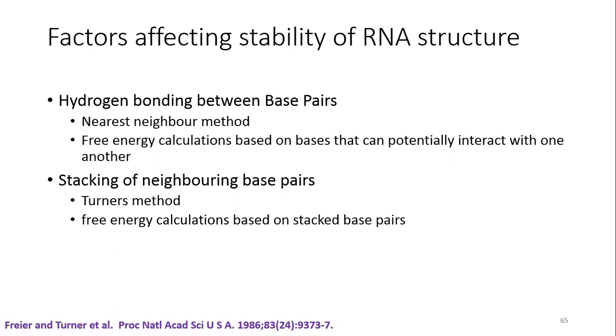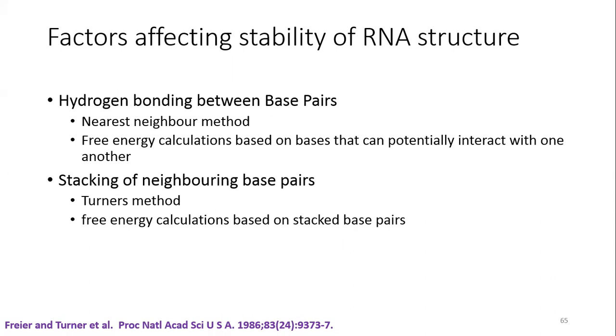First and foremost, it can be hydrogen bonding between the base pairs that affects the thermodynamics or energetics involved in formation of RNA structure. And this hydrogen bonding between base pairs was used as a character to define a model that would be helpful for calculating the energetics involved in RNA folding.